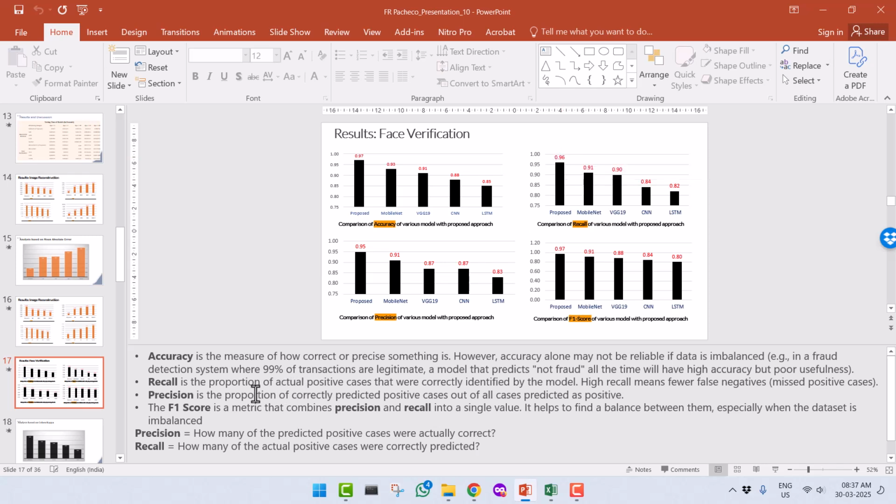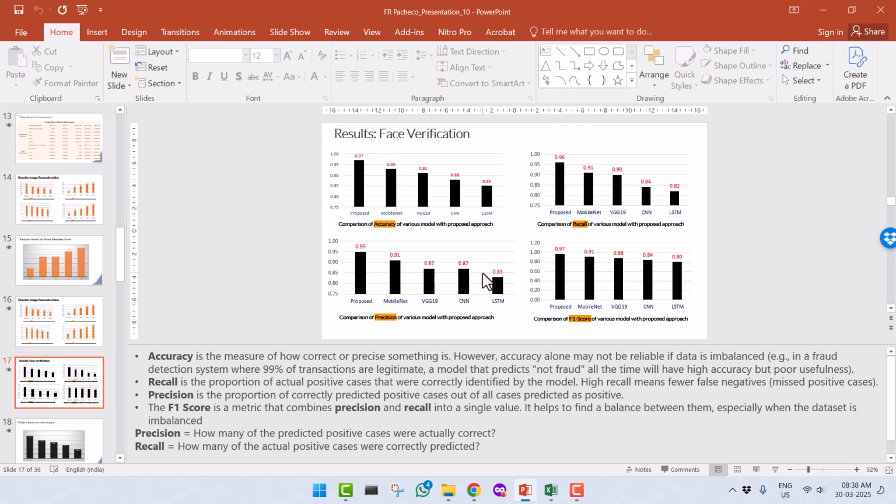Precision is also important, and it measures the proportion of correctly predicted positive cases out of all cases predicted as positive. In that way, precision is also highest for our model.